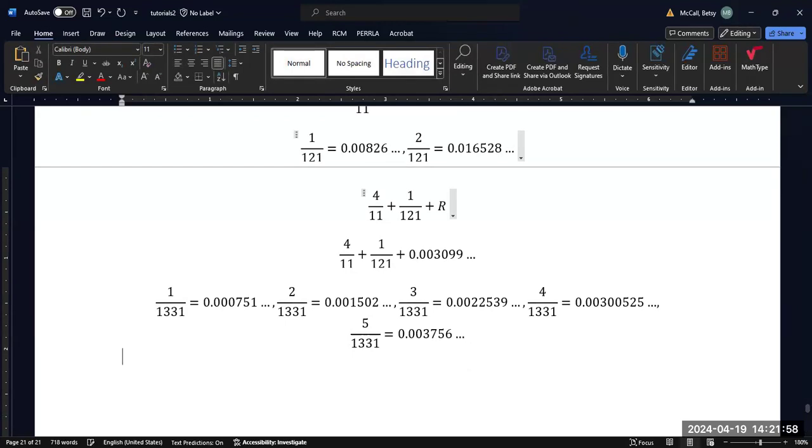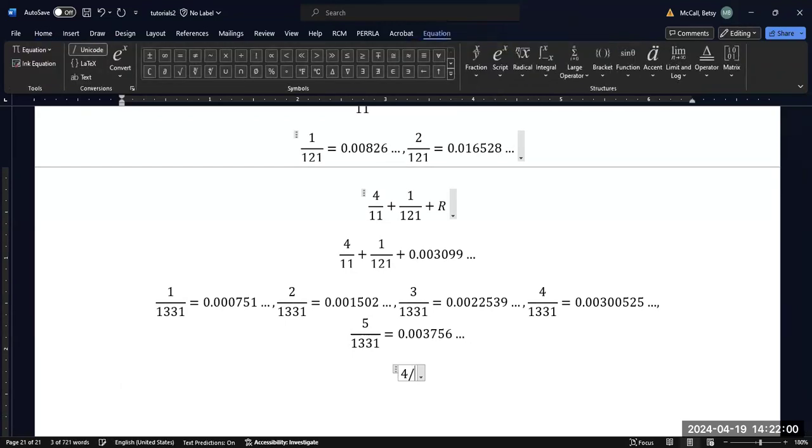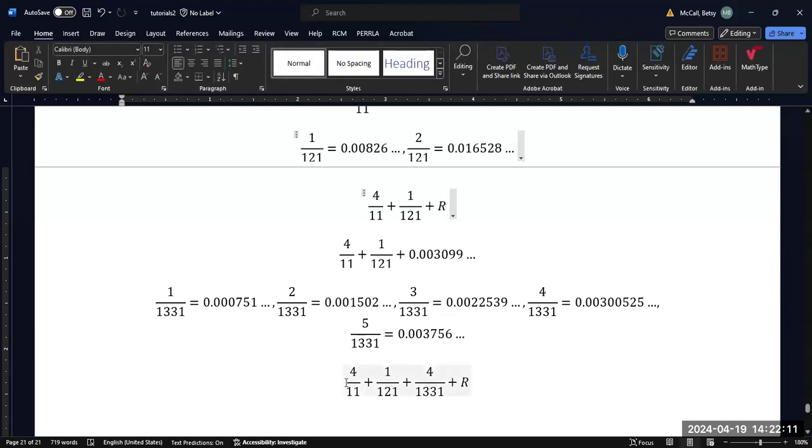So now our decimal representation, we've got 4 over 11 and 1 over 121 and 4 over 1331 and then some remainder that's left over. And let's find out what that is.